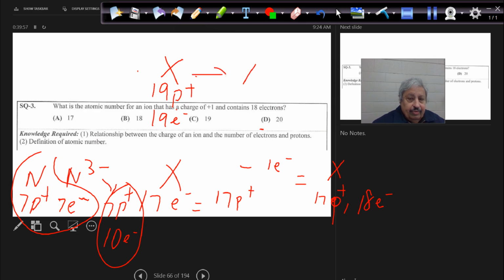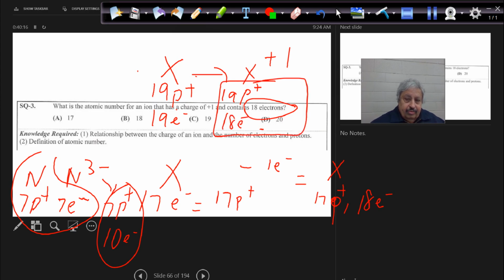Then when you go to X plus 1, you take 1. So 19 protons will remain, but the electrons are 18. So the answer will be 19. That's correct. When you subtract, it's quite the opposite of what we did.